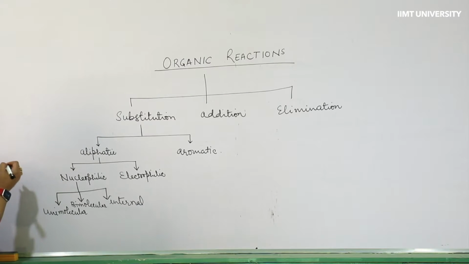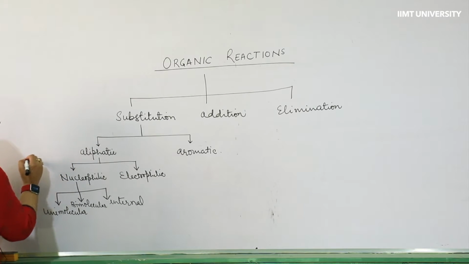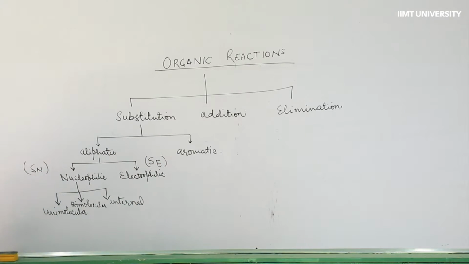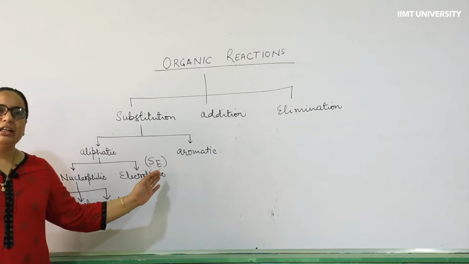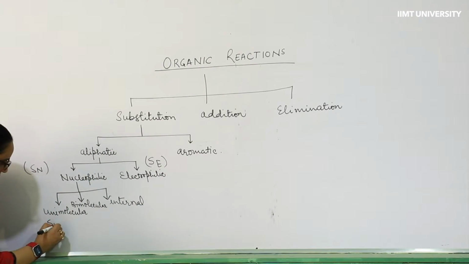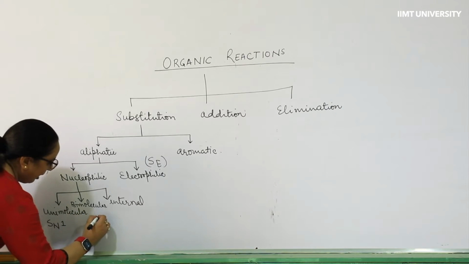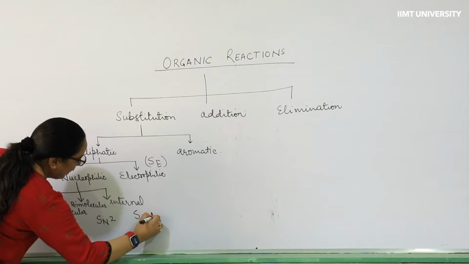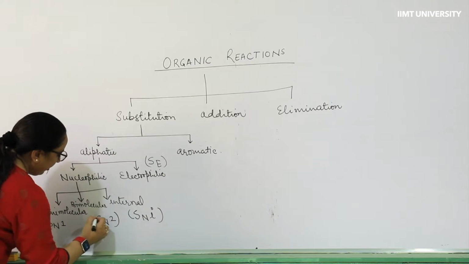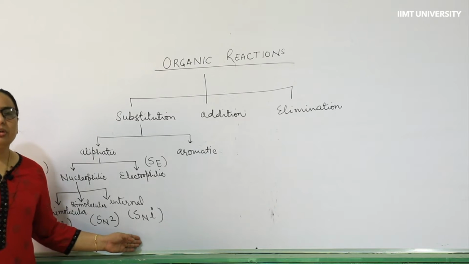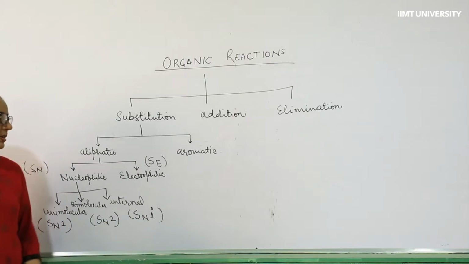So if we talk about the abbreviation, it is SN reaction, it is SE reaction, that is nucleophilic substitution and the electrophilic substitution reaction. If it is unimolecular, it is called SN1. If it is bimolecular, it is called SN2. And if it is internal, it is called SNi. So these are the abbreviations which are used for the different types of nucleophilic substitution reactions.